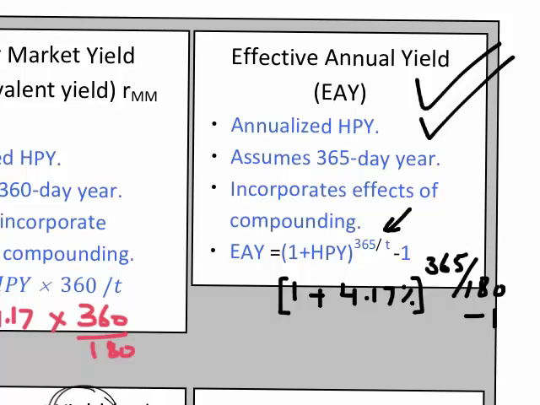This will give you effective annual yield. Sir, what if we go with effective annual rate? That is the same thing. EAR and EAY are the same thing. Yeah, they're the same. As you can see very clearly, one big benefit is that it incorporates the effect of compounding.